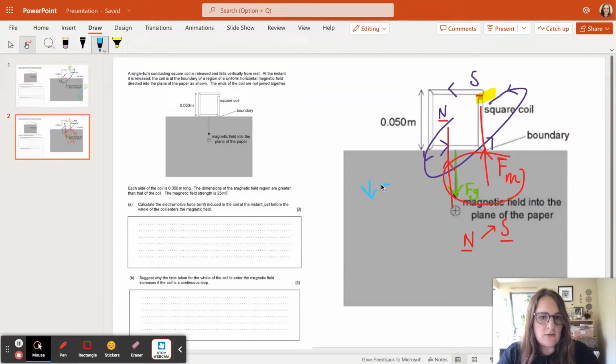Okay, so the total force is now going to be the gravitational force minus the magnetic force. So the force that is causing this square coil to fall and accelerate down is actually smaller now. And so because it's accelerating at a lower rate, we're now going to be taking longer to get down to the bottom of the page. Hopefully that makes sense. Let me know if it doesn't.